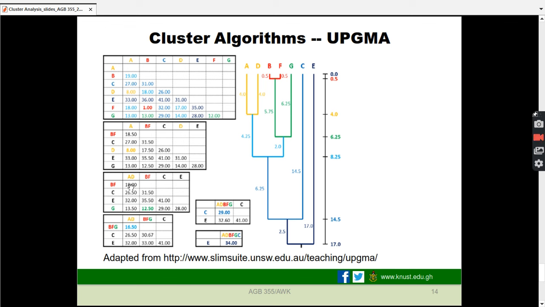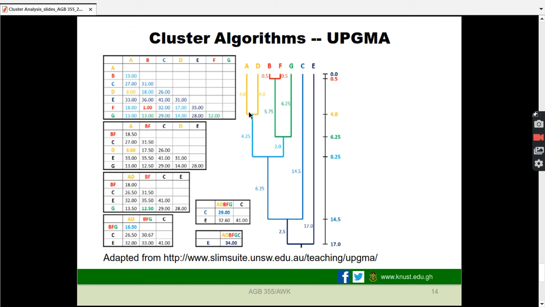When we combine the AD, we had 8. We divide it by 2. Remember, we divided by 2, and we'll have 4. So we'll mark our 4 here, and we'll draw our AD here, 4, which gives us 8.